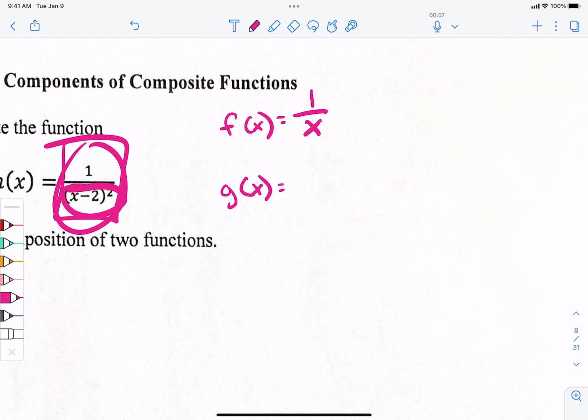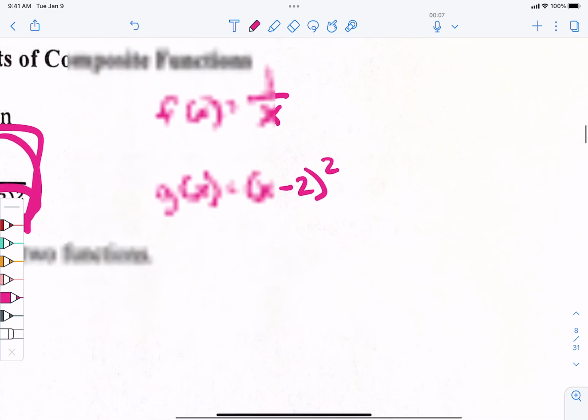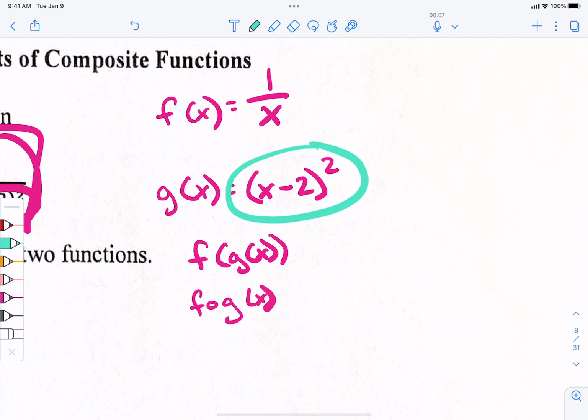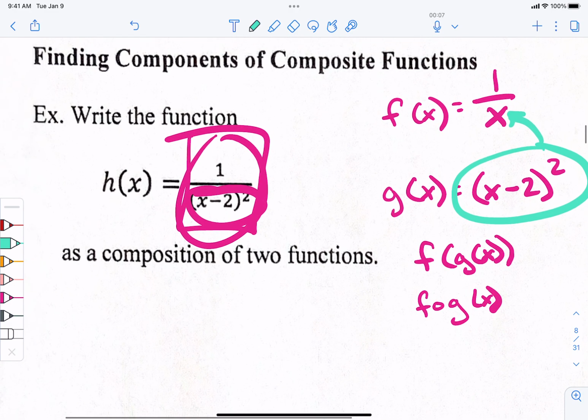And then we could say g of x is the bottom, x minus 2 squared. If we do f composed of g of x, we would take this guy and shove him in there, and he would become that thing, right?